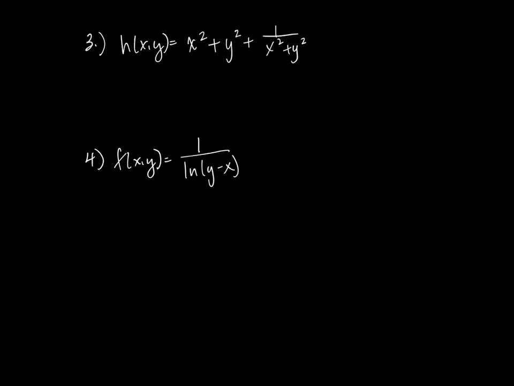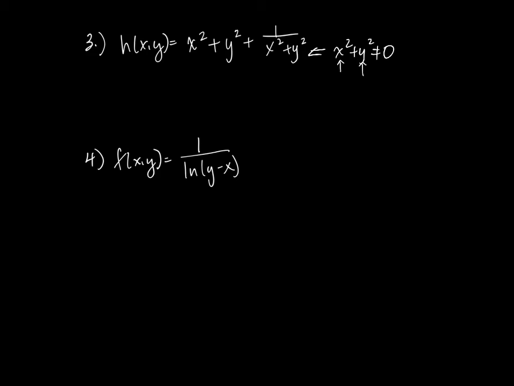All right, a few more here. Next one is x squared plus y squared plus 1 over x squared plus y squared. And here we have to worry about dividing by 0. This part here cannot be 0.